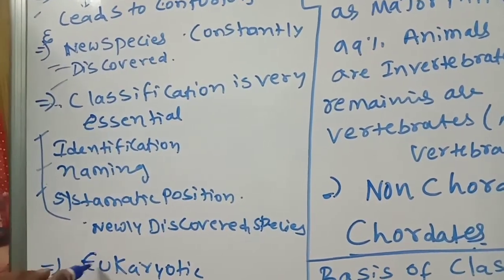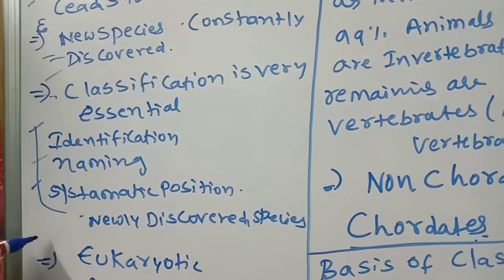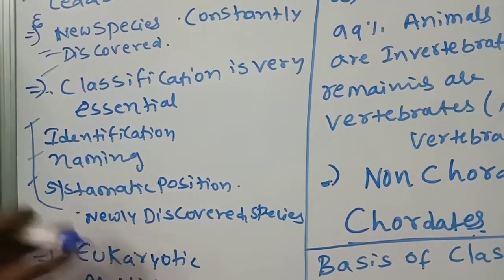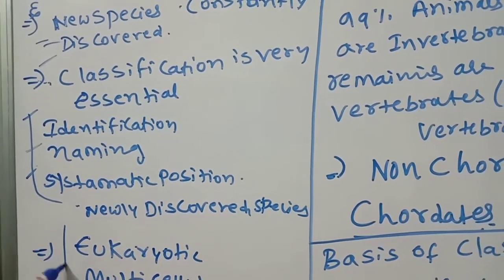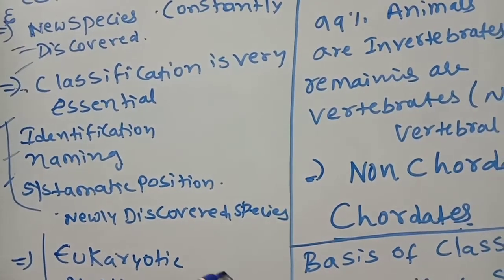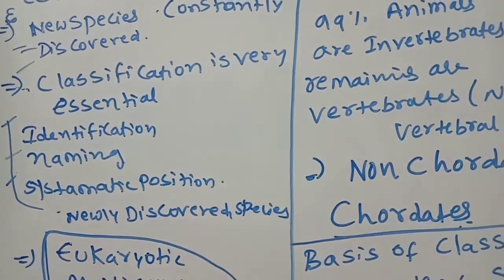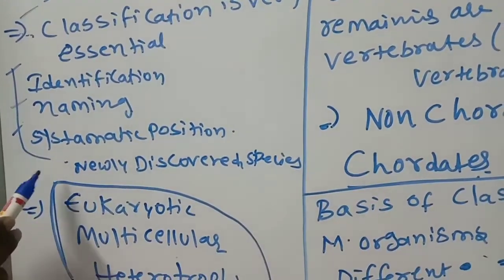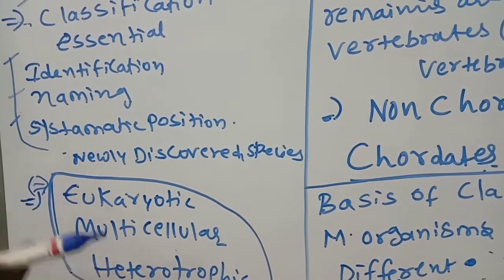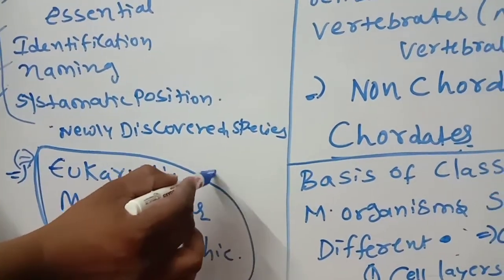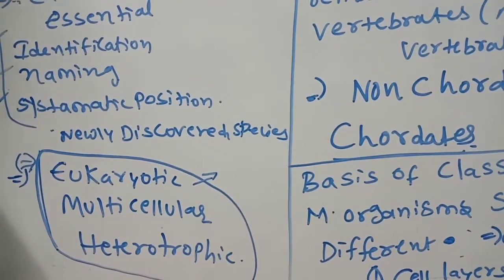Next, there are different types of animals included in the Animalia kingdom. The major common characters of the animal kingdom are these: animals are eukaryotic, which have eukaryotic cells containing a nucleus covered with the nuclear membrane.